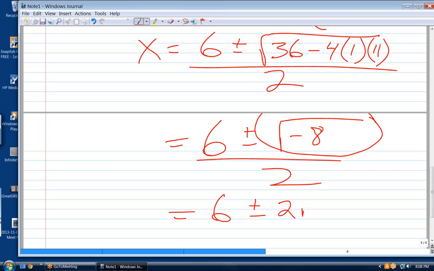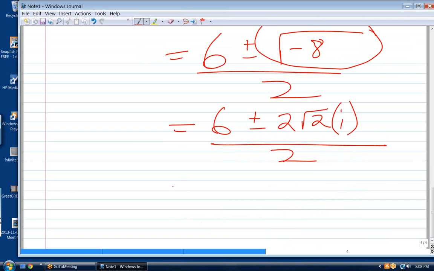Good. I put the i in parentheses just to make sure I don't put it under the square root sign. Over 2. Let's simplify it more.